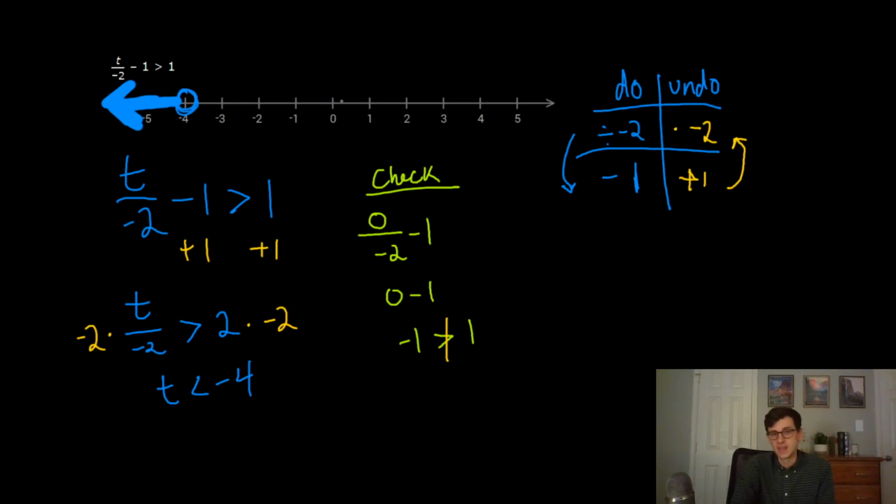Any number greater than 1 would be over here. So for our solution, that makes sense. It's not part of my shaded region, so you can feel good about your solution and feel good about flipping that inequality sign. Like I said, there wasn't too much to talk about here, just solving some problems, hopefully getting you a few tricks up your sleeve so that you can solve inequalities that require more than one step.